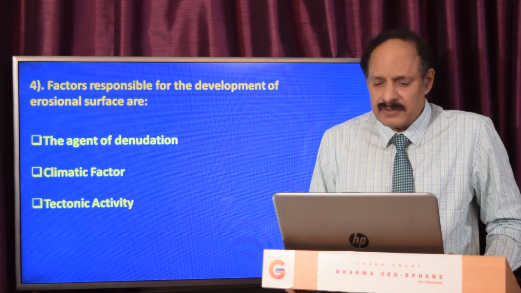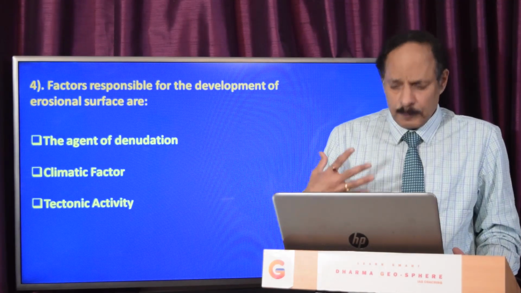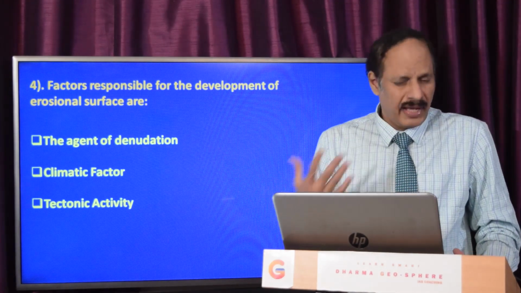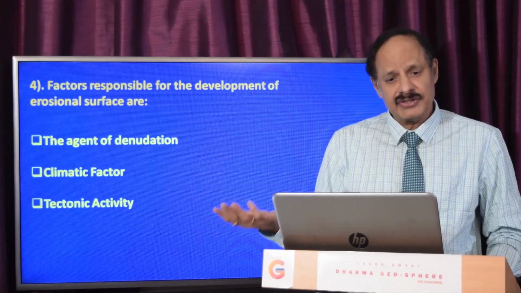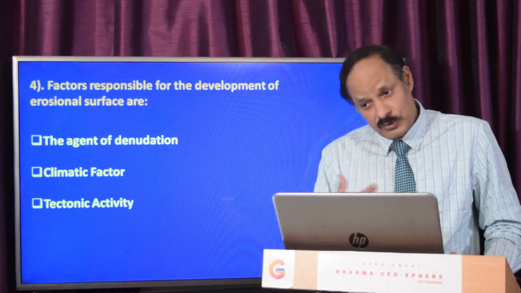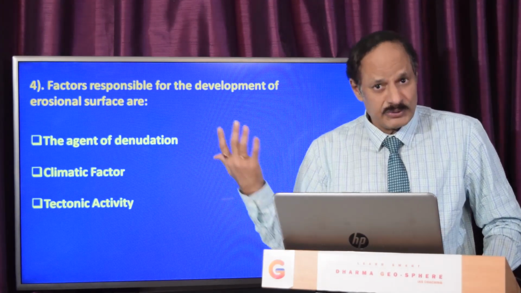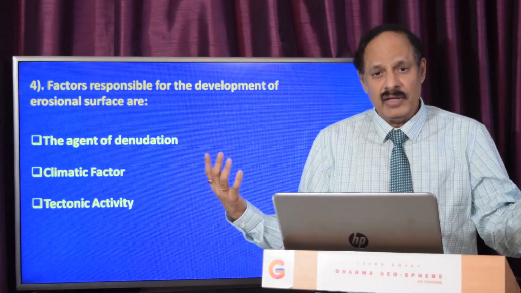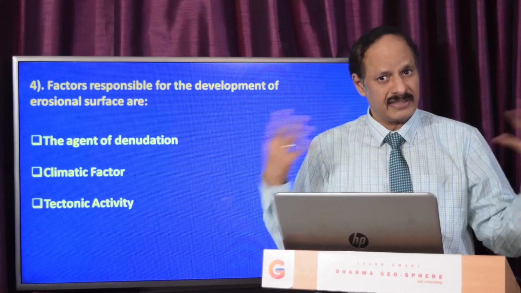Coming to the factors responsible for the development of erosional surfaces, there are three prominent factors. There could be others which can be associated with these. One is the agent of denudation, depending on which kind of denudation and during which period it is. Say fluvial: after the Mesozoic and before the Tertiary, the fluvial activity was much greater because of the glacial and interglacial periods.